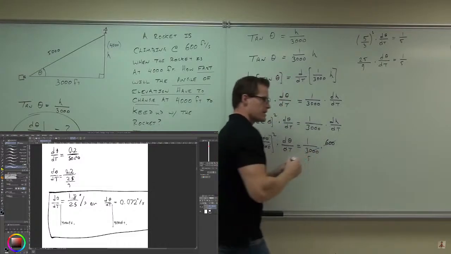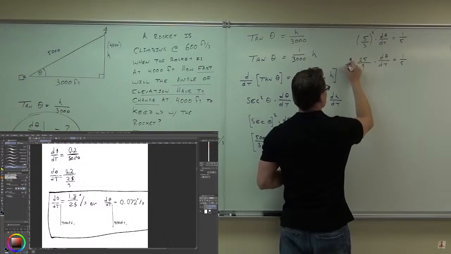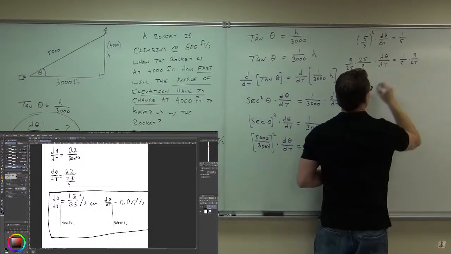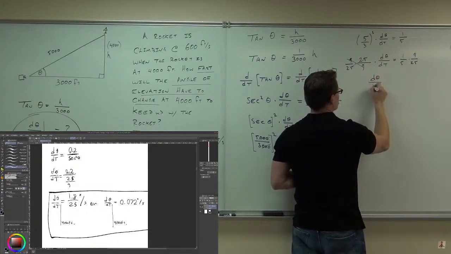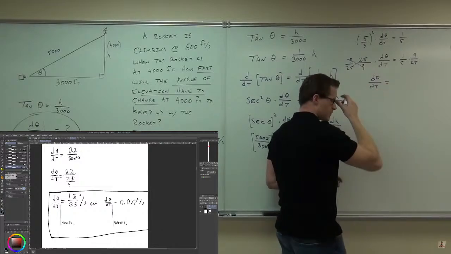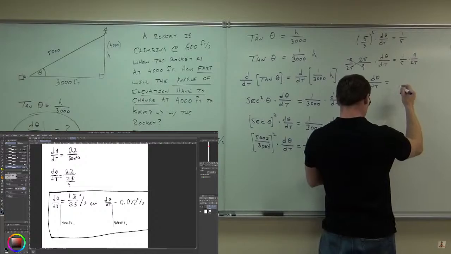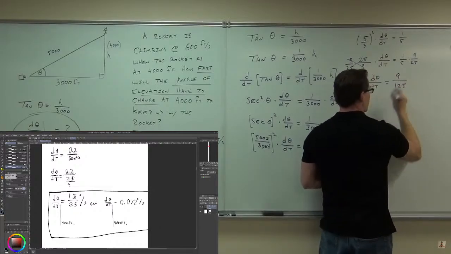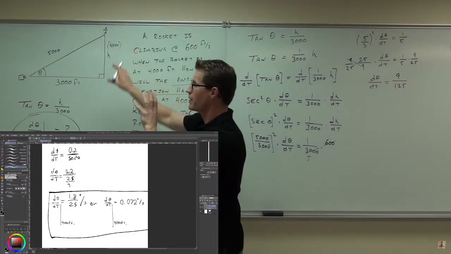So if I multiply by 9/25 on both sides, I'm going to get the 9 over 125, and keep in mind, all this happened when the height was 4,000.